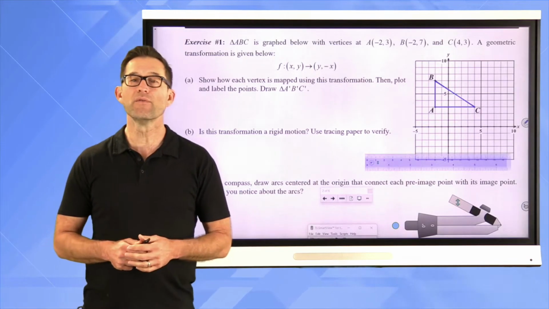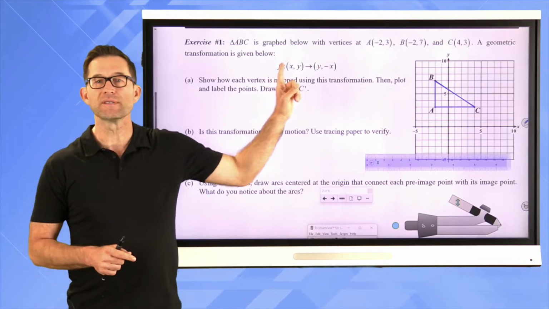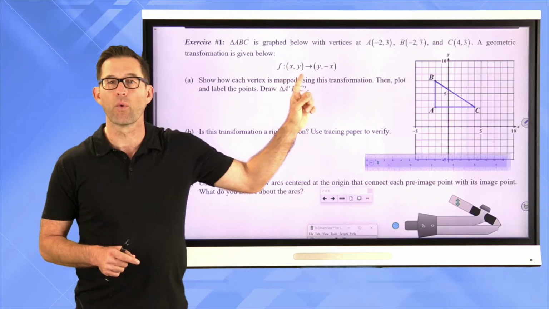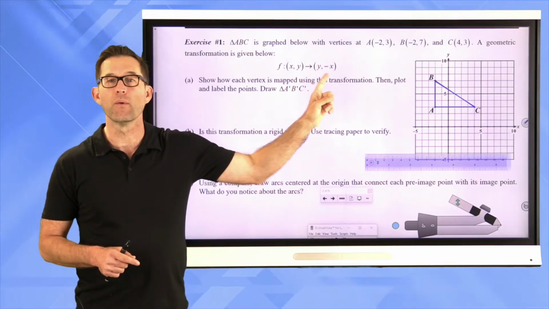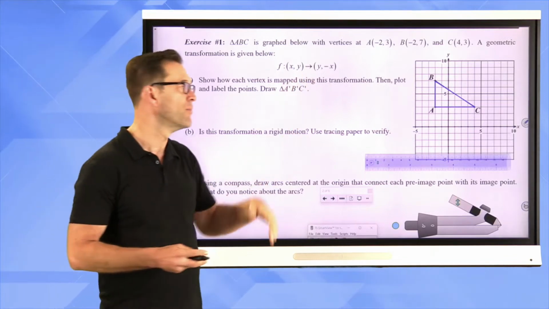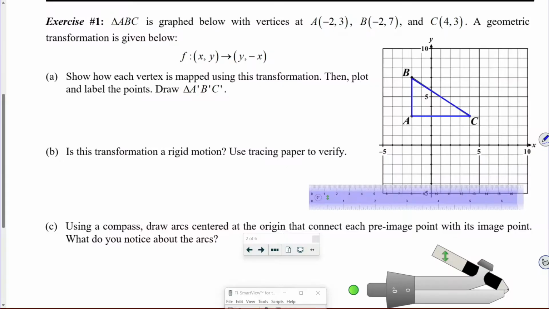Okay, well let's review this a little bit. Remember, what I'm doing is I'm taking a point (x, y), and my new x coordinate was my old y coordinate, and my new y coordinate was my old x coordinate, whose sign has now changed. So, if I take A, which is at (-2, 3), where will it go?